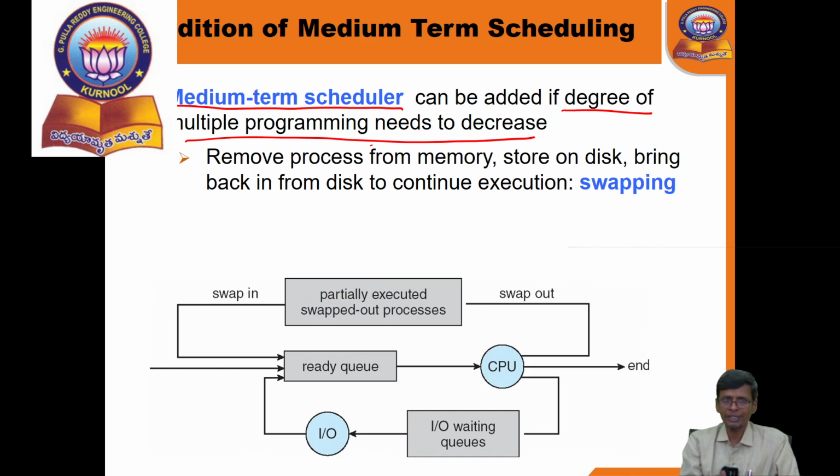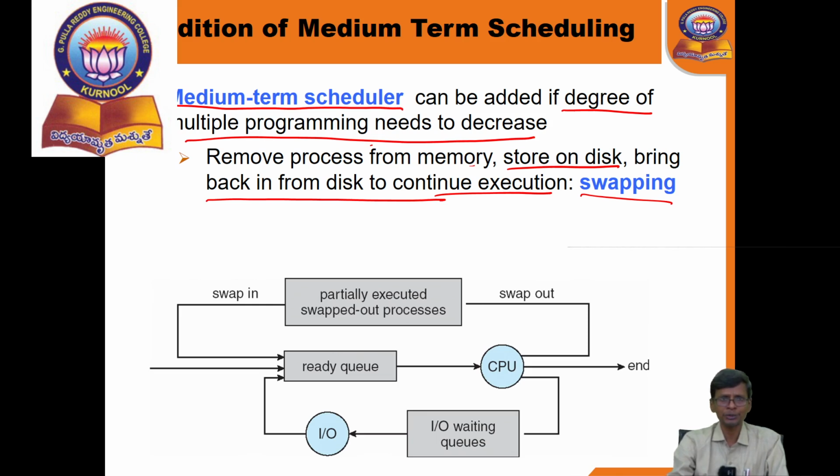And whenever it is required for execution, it will be taken back from the backing store to the main memory, and then it can restart the execution. So this is called swapping. Remove the process from the main memory and store it on the disk, and again bring it back from disk to main memory and continue its execution. Like that, the medium term scheduler can decrease the number of programs present in the main memory.